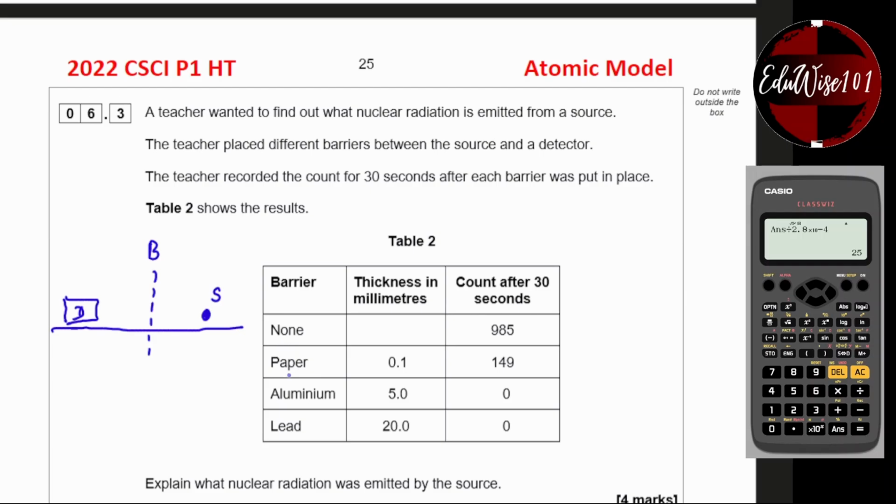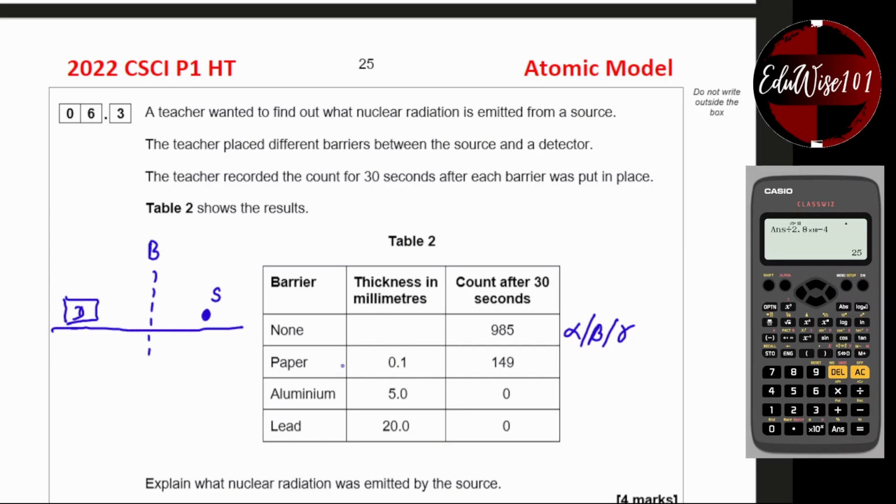Okay. So you've got paper, aluminium, and lead, which you're going to place in between. And you're going to work out what the reading is after 30 seconds. The teacher recorded the count for 30 seconds after each barrier was put in place. So without anything, the count rate was 985, which means it could have alpha, beta, or gamma without anything.